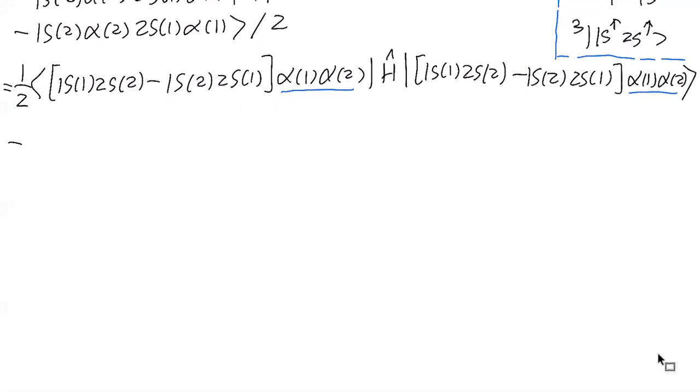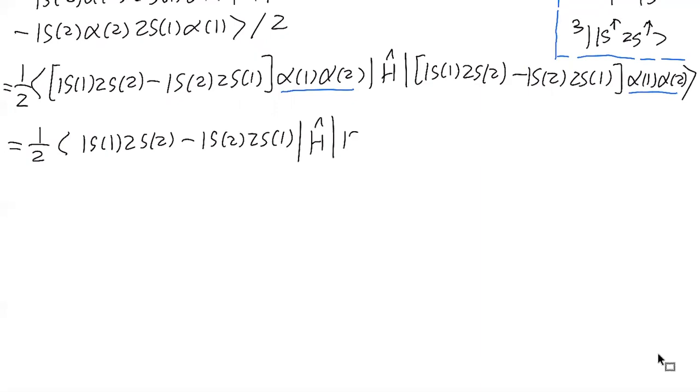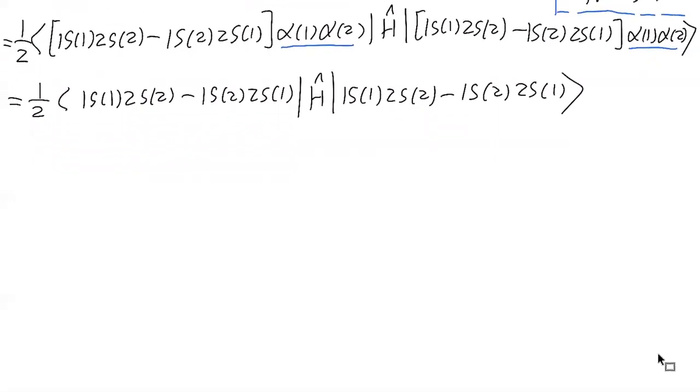And therefore, this expression can be simplified to 1s1 2s2 minus 1s2 2s1, h, 1s1 2s2 minus 1s2 2s1. And again, we already know the expression for h.